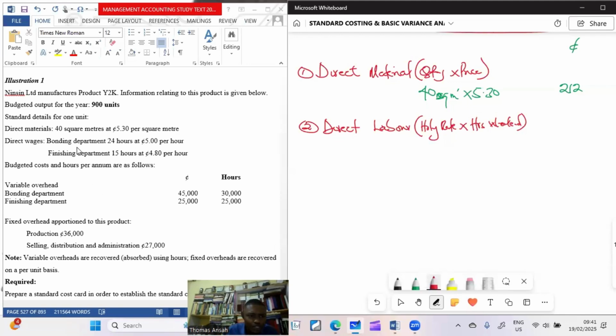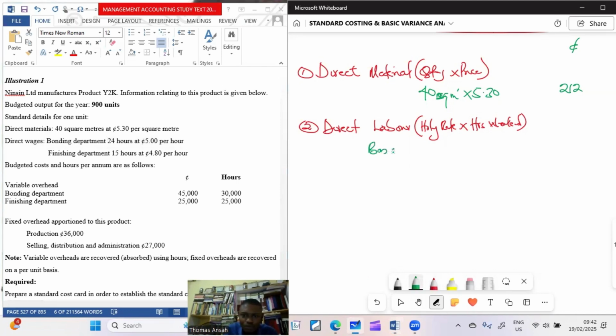Now, if you look at this one, do we have the hours? You look at this, direct wages. So that is for the labor. In terms of this, it will take you 24 hours and it is priced at 5 every hour. So that machine will go through whatever you are producing. It will go through two processes.